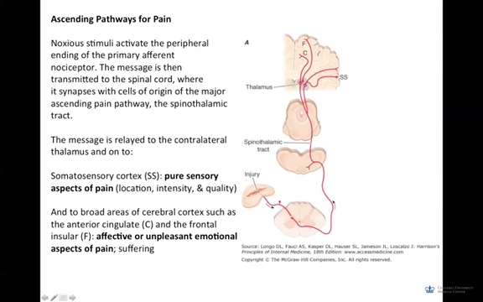This projection is responsible for basically what we experience as the suffering associated with pain. Okay? So the somatosensory cortex is that sensory component, and the frontal cortex projections allow us to perceive the pain, to actually interpret the pain, and produces that unpleasant emotional aspect of pain.